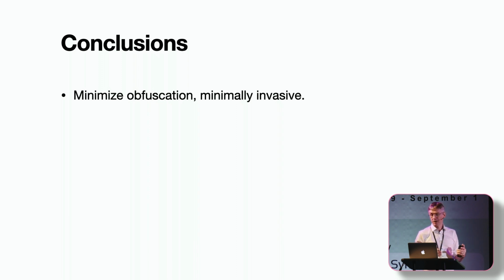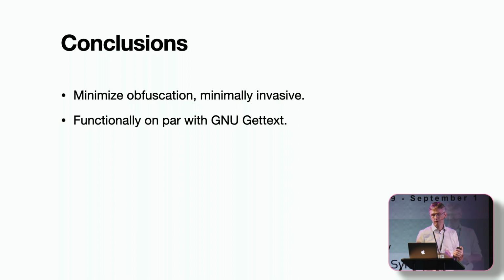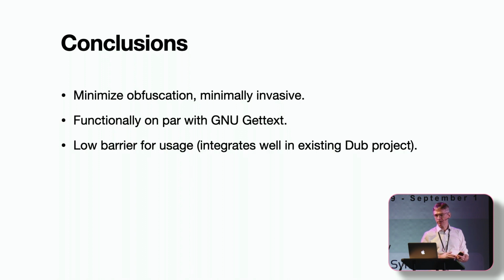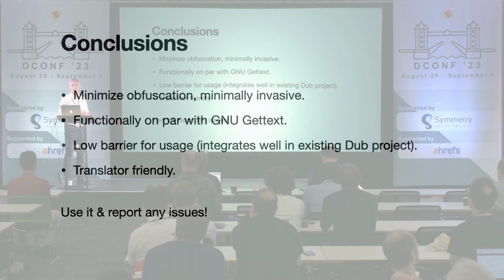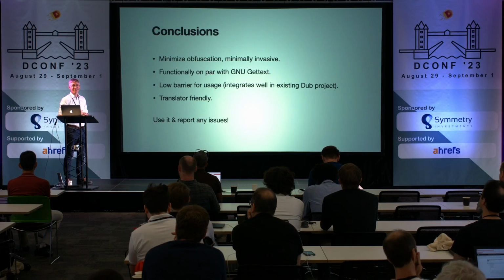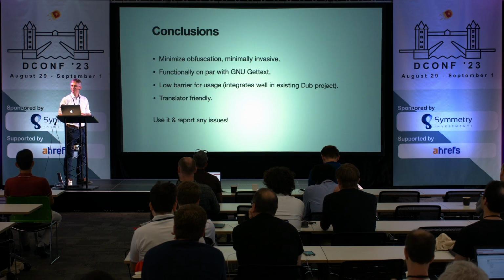It is minimally invasive. The internationalization details do not obfuscate the code that really matters. Functionality is practically on par with GNU gettext. It is easily integrated in dub configuration, and translation efforts are supported by the GNU ecosystem. So it's just to use the package and report any issues. Thank you.